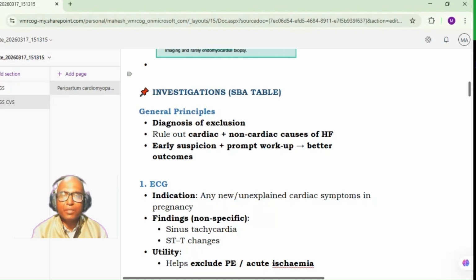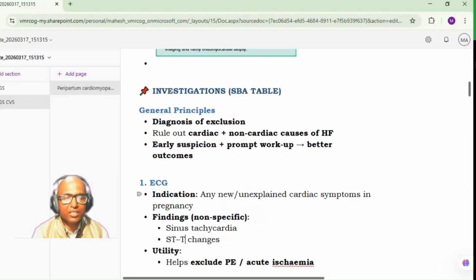The general principle of investigation is that it is a diagnosis by exclusion. Rule out cardiac plus non-cardiac causes of heart failure, and early suspicion plus prompt workup will give a better outcome. So most important is that it is a diagnosis by exclusion. You need to rule out cardiac and non-cardiac causes of heart failure first.